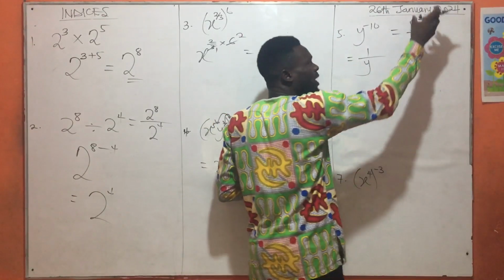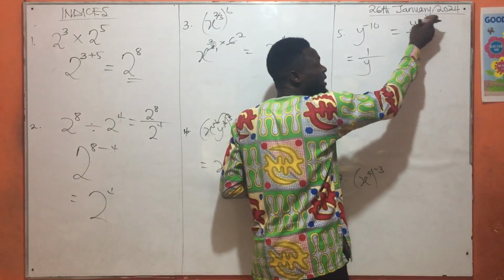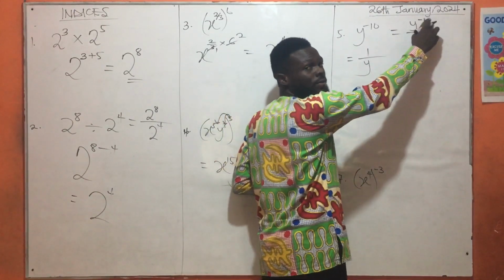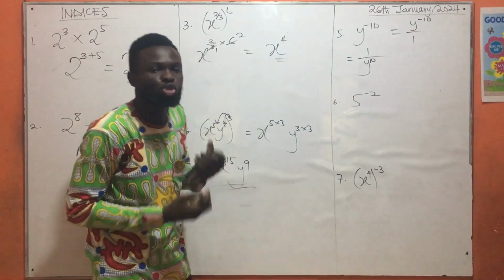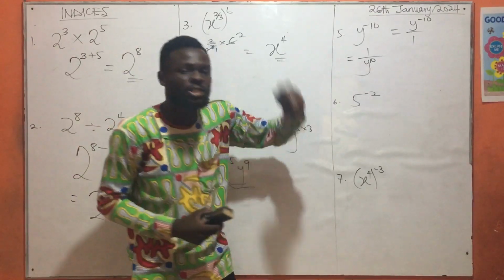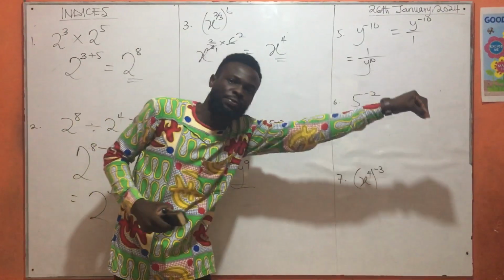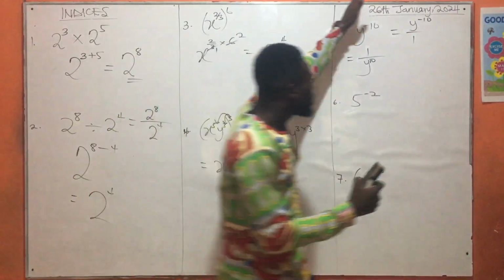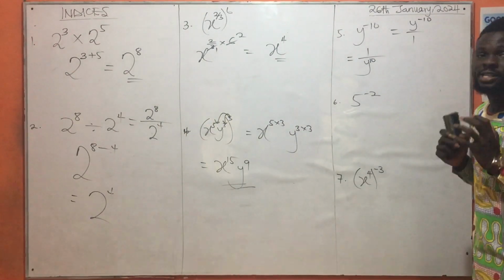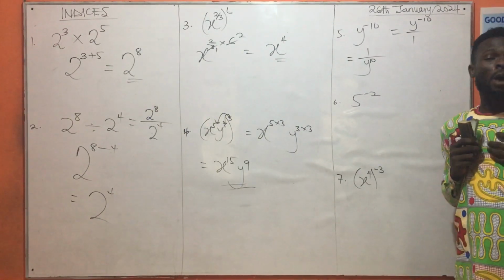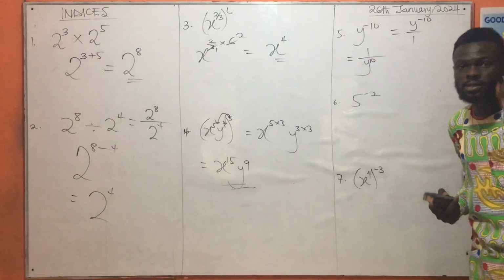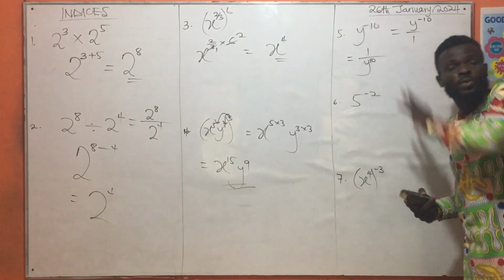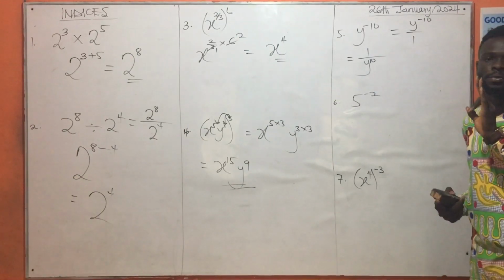Now when you reciprocate it, the y comes along with the negative 10, and the negative 10 now becomes positive so that we can get rid of the negative. So the fifth law, that is what it is saying. It says that when a power is negative, reciprocate the base in order to get rid of the what? The negative power.